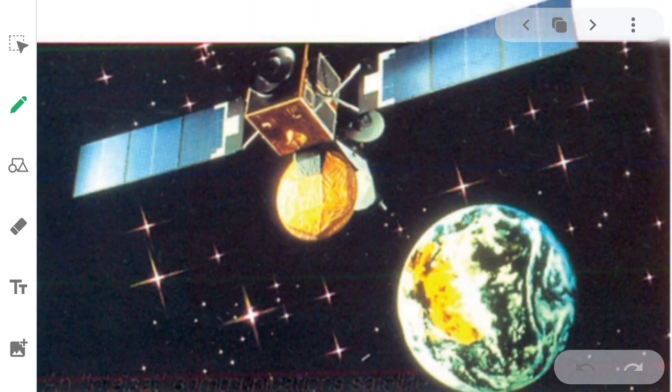For example, the earth is applying some force on the satellite just to keep it in its orbit. So when the earth continuously applies force on the satellite, the earth will lose its energy continuously, and once it loses its energy completely, the satellite will fall down on the earth, right?